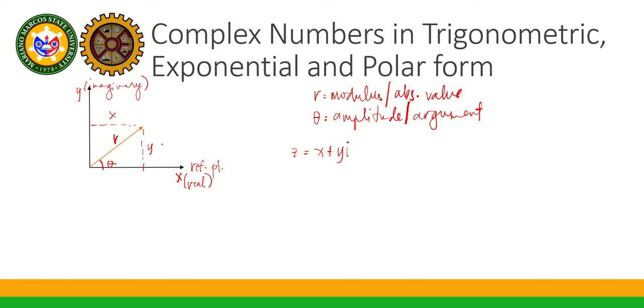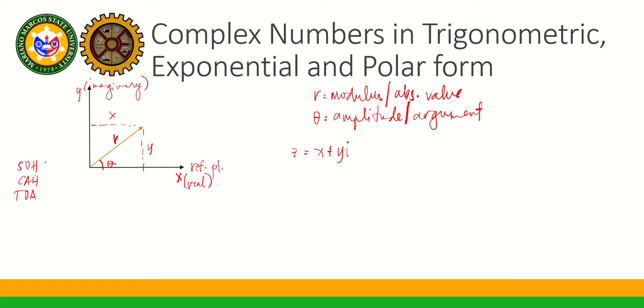And when we have a right triangle, the theorem that we will use is the Pythagorean theorem. So, yung Pythagorean theorem natin, meron tayong SOHCAHTOA. I know you are familiar with that acronym. And in converting a rectangular form to trigonometric form, kailangan natin tong tatlong formula na to.